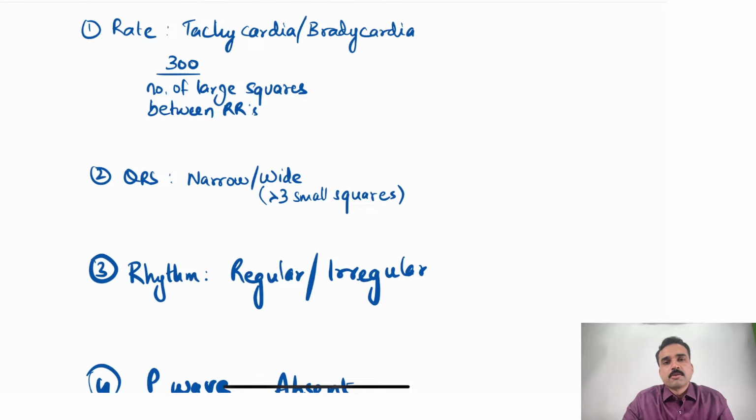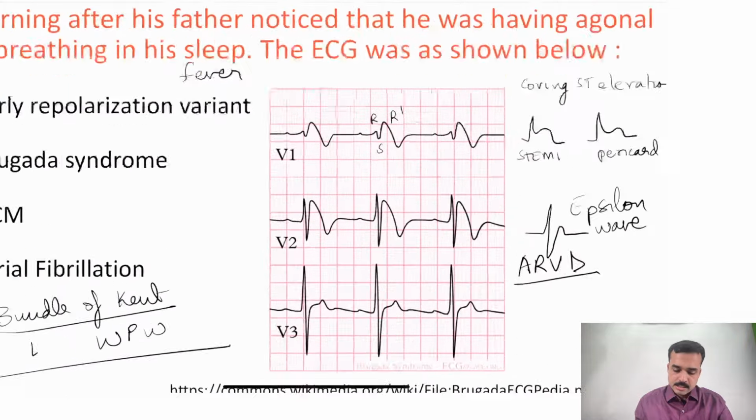How do you find out what the rate is? You should know the rate calculation on an ECG: you divide 300 by the number of large squares between successive RRs, for a regular rhythm. So when the rhythm is regular, between two QRS complexes, count the number of large boxes, and that will give you the rate. I'll show you here as an example.